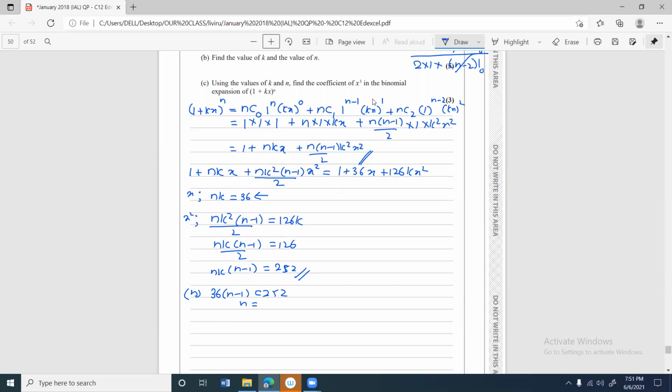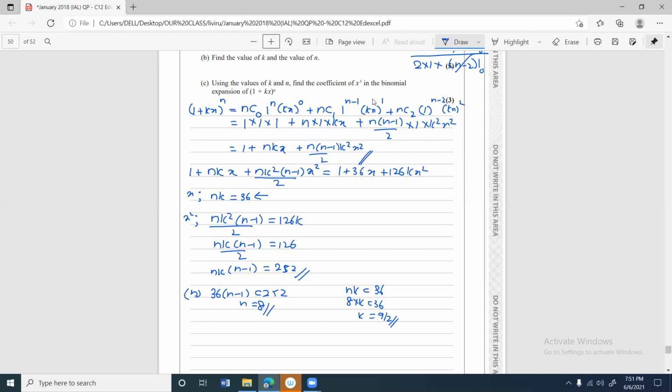So n equals 8. We know nk is 36, and n is 8. Therefore k becomes 36 divided by 8, which is 9 over 2. That's the answer for that.